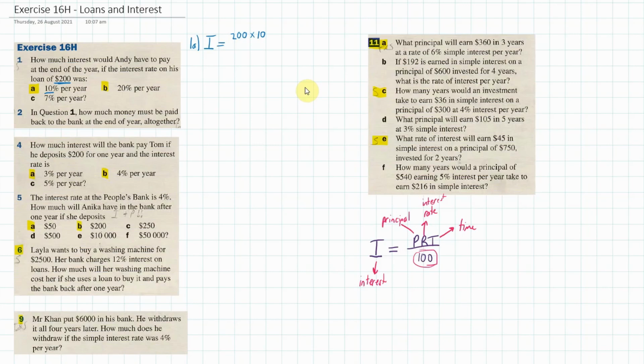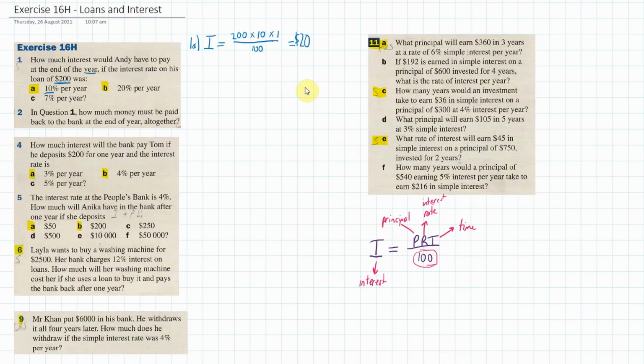We're not putting in the percent because we've got 100 at the bottom here, which is that percent. And then the time is at the end of the year, so it's 1 year. Okay, and when we chuck this into our calculator, what do we get? We're going to have $20 interest. Okay, so $20 interest, and that's how you do that one.